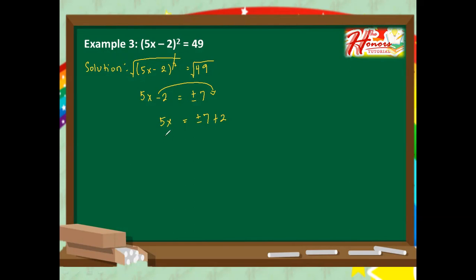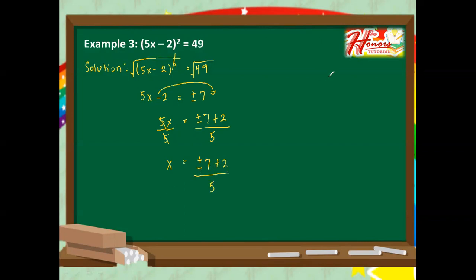Now, let us divide both sides by 5 so that we can eliminate the number that is beside x. So let's start. 5 and 5 cancel. We have here x equals positive negative 7 plus 2 over 5.